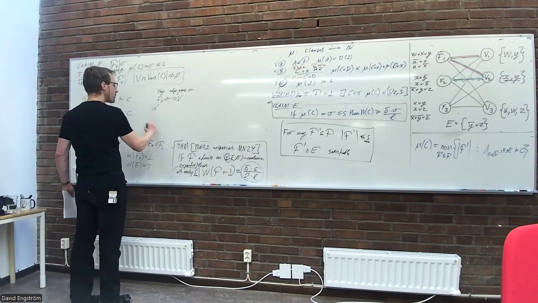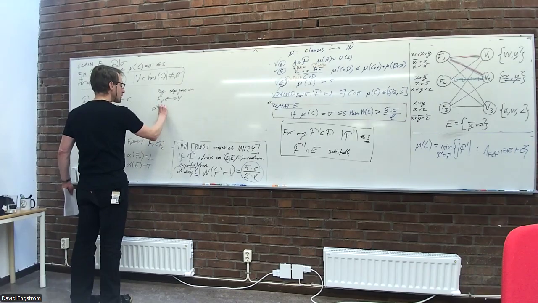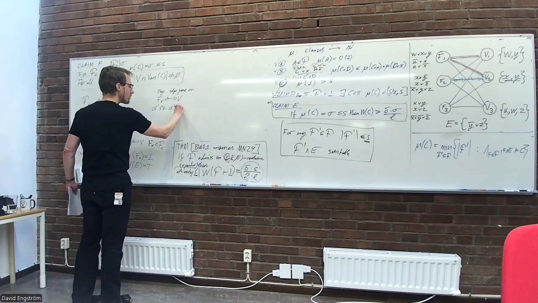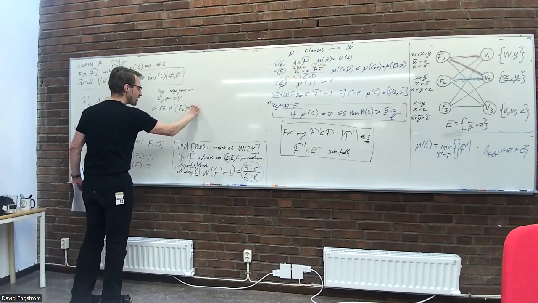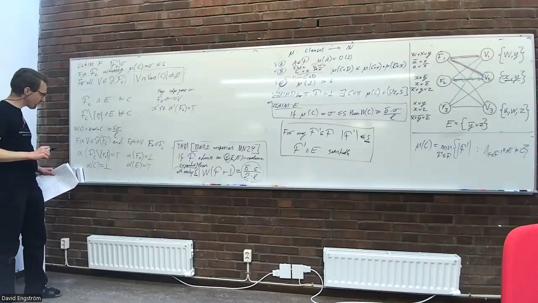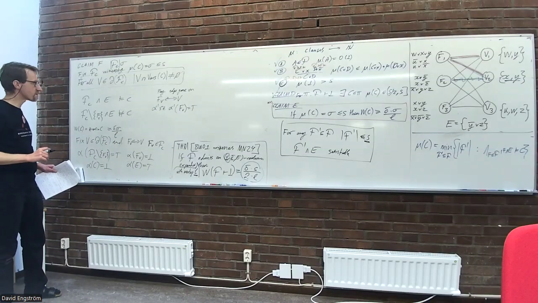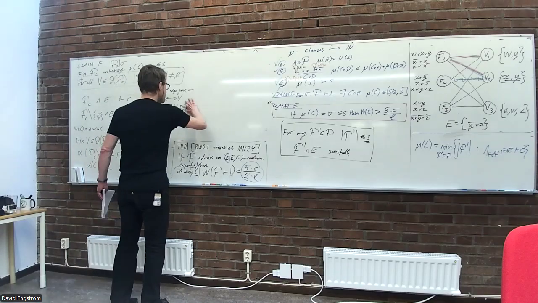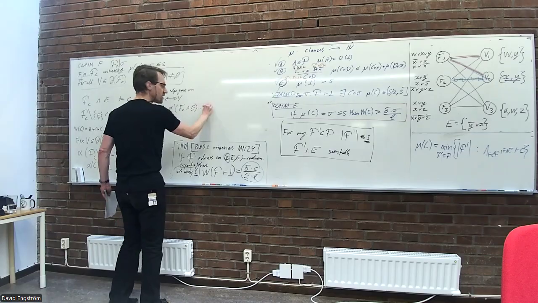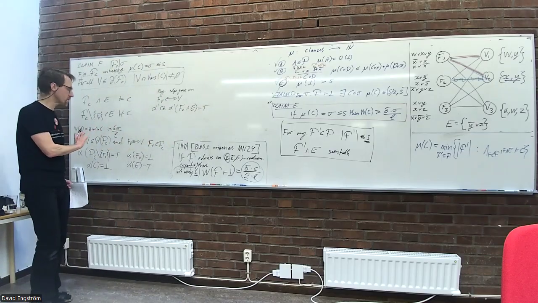That gives us an alpha prime such that alpha prime now satisfies FV. Right? What do I know about alpha prime on these other guys? Well, I know by assumption of the game that alpha prime also has to satisfy E. That's the rules of the game.